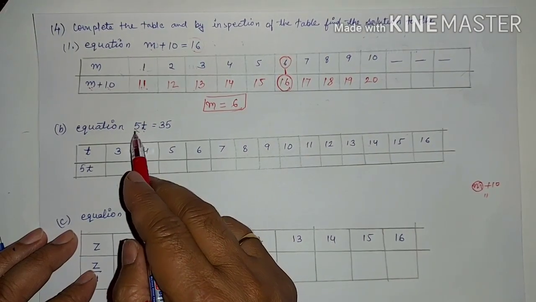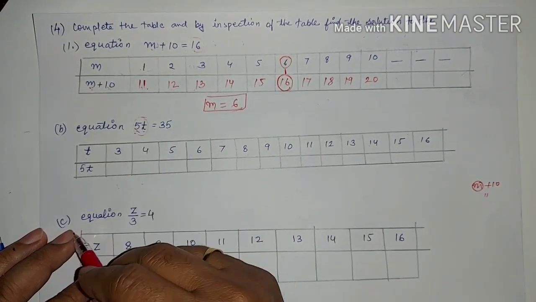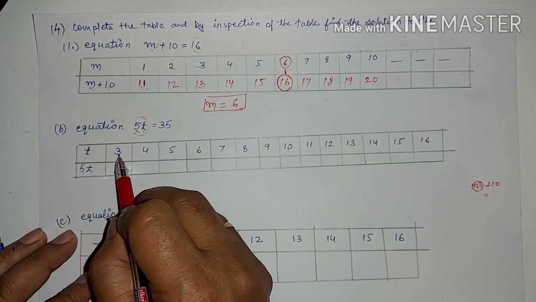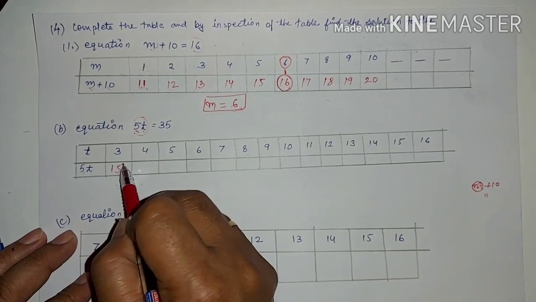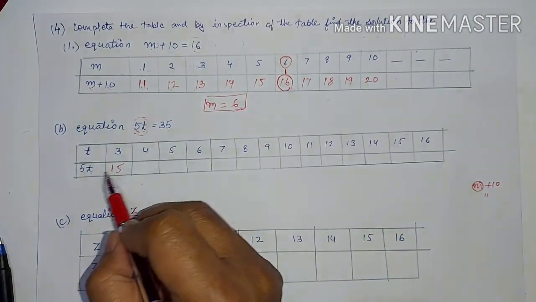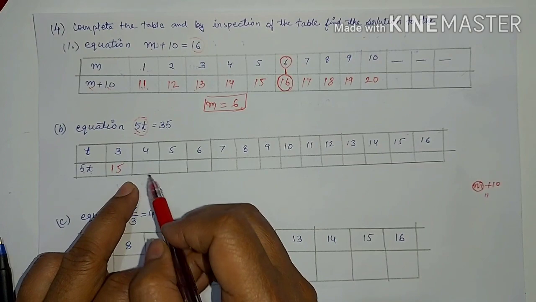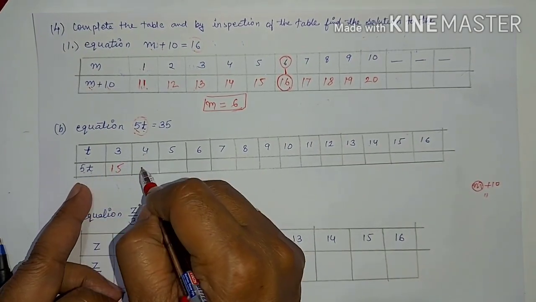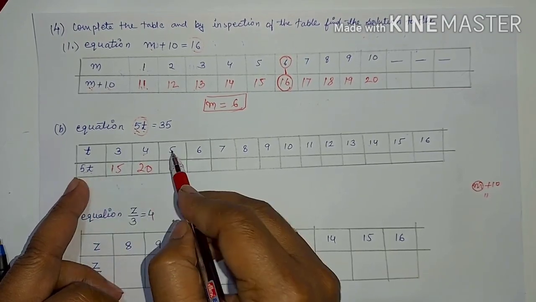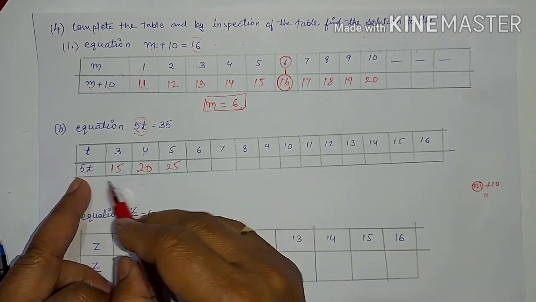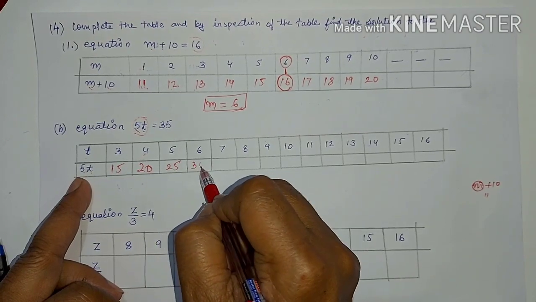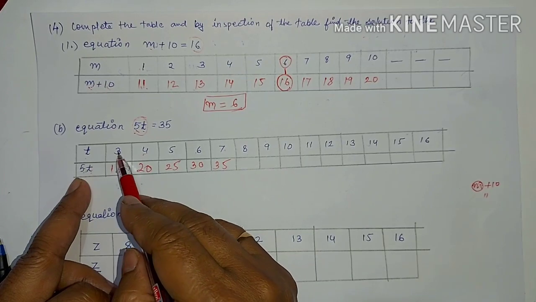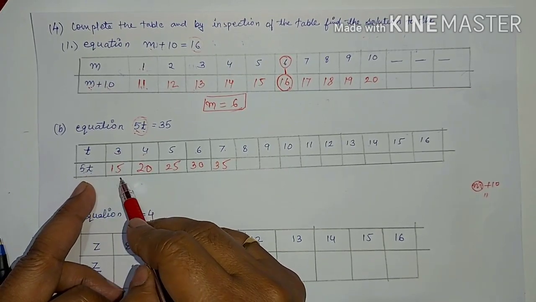Next is 5t. 5t means the table of 5 times t. So that is the 5t. For 5t, t value 3, 3 fives are 15. Okay, then next, 5 fours are 20, 5 fives are 25, 5 sixes are 30, 5 sevens are 35, because the value of t increases by 5 times.